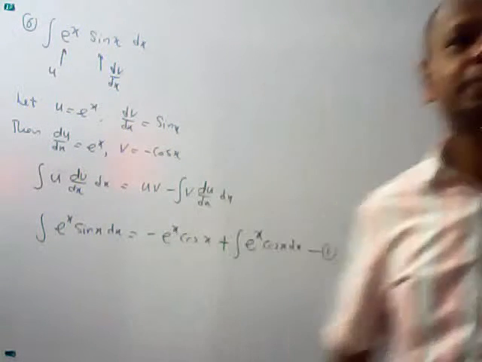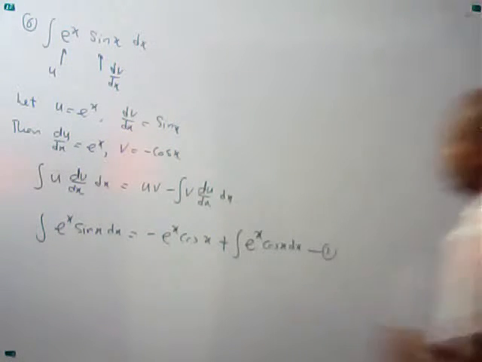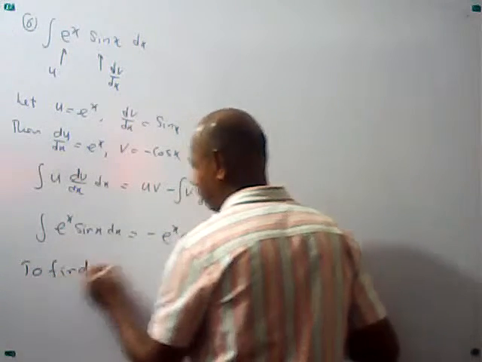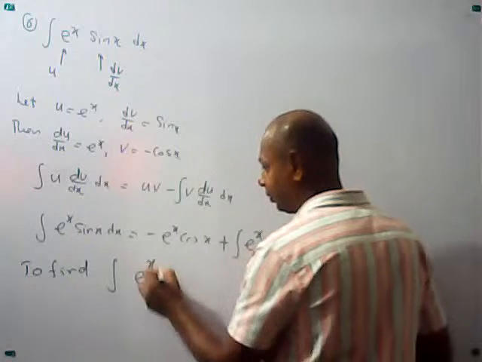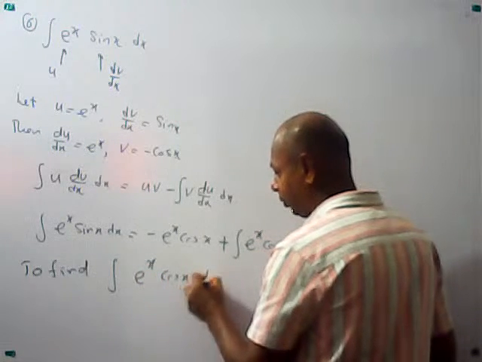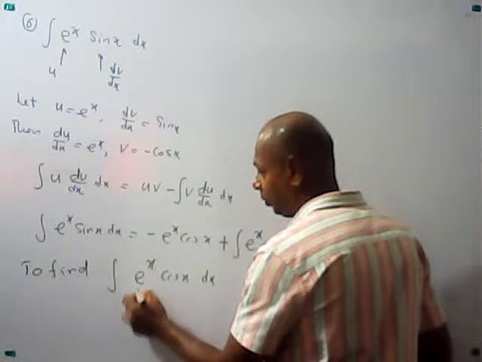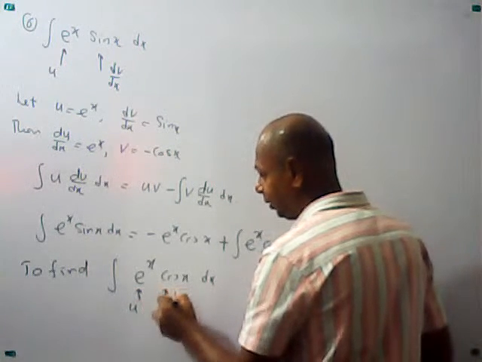Okay, now to find the integral of e^x cos x dx, take this again as u. This is u and this is dv/dx.